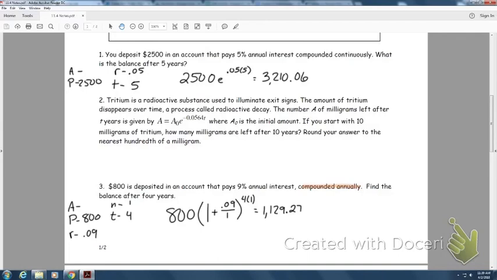If you got that, go ahead and attempt the next one on the back. If you did not get that and you're not for sure what you did wrong, let me know. I'll come around and look at your calculator. It's probably something as small as you accidentally put 0.9 instead of 0.09, or you accidentally put 8,000 instead of 800.